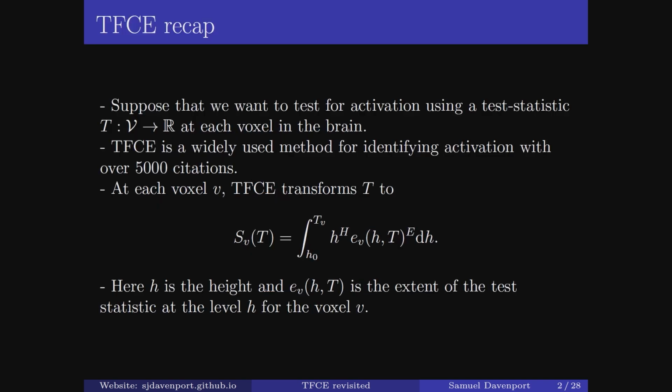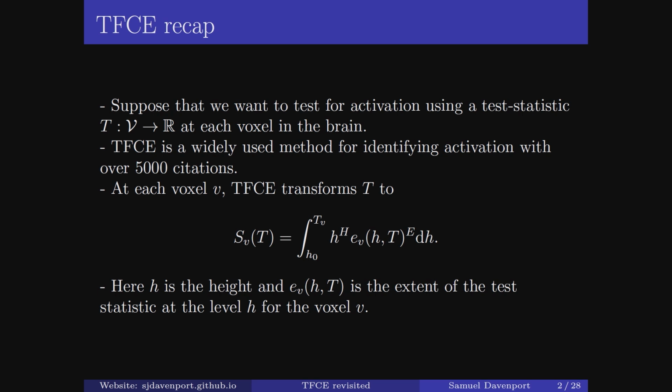So just to give an overview of TFCE, the kind of setting we're in is that we assume that we have a test statistic at every voxel in the brain. Then TFCE is a widely used method to identify activation, and right now has over 5,000 citations. What it does is that it transforms a test statistic voxel-wise via some integral.